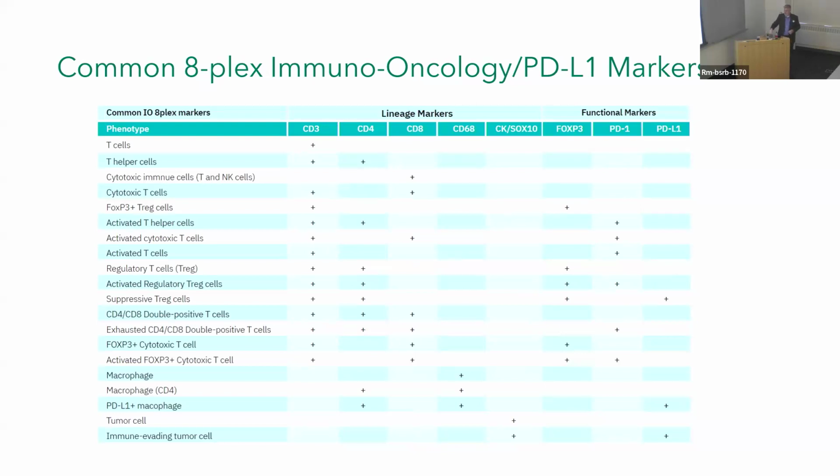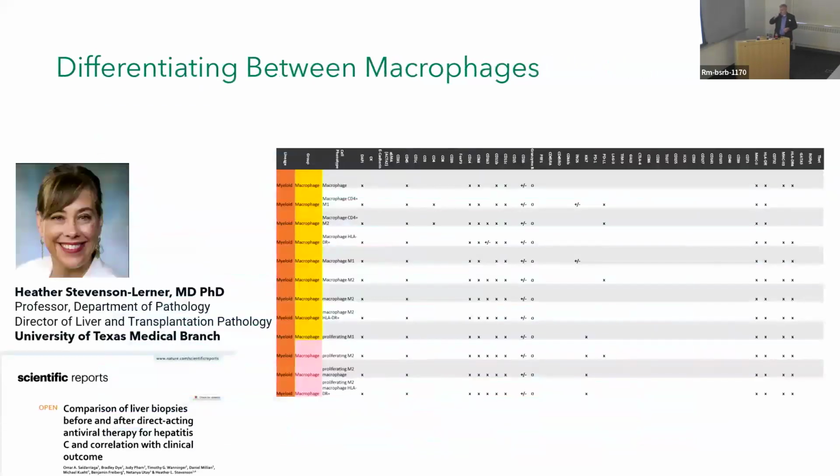And I love the fact that down at the bottom here, I don't have a pointer, I'm sorry, it says macrophage, like there's only one kind of macrophage, right? And we were working with Heather Stevenson Lerner at UTMB, where we actually appreciate that there are many, many different types of macrophages and many different types of macrophage markers. And so she's looking in liver, and she's really interested in understanding the difference between fibrosis in liver, cirrhosis in liver, or hepatitis C in liver.